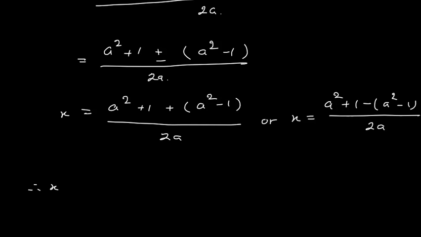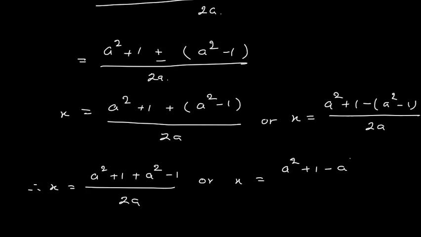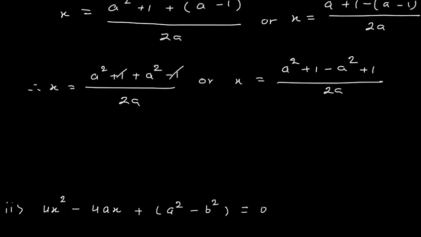So therefore x is a square plus 1 plus a square minus 1 divided by 2a, or we have x is equal to a square plus 1 minus a square, this is minus minus plus 1, divided by 2a. Now this minus 1 and plus 1 will cancel.